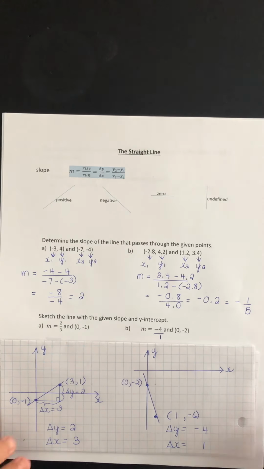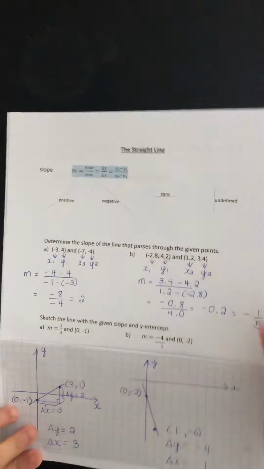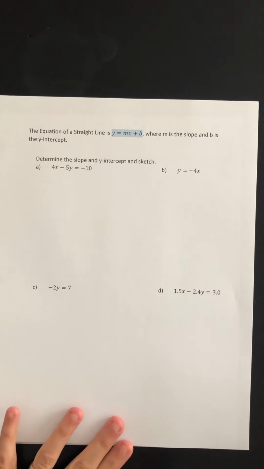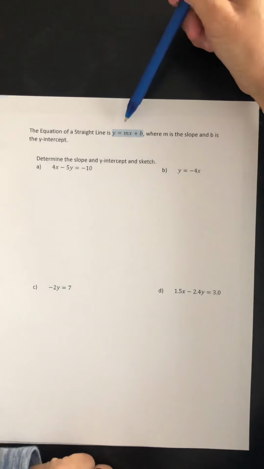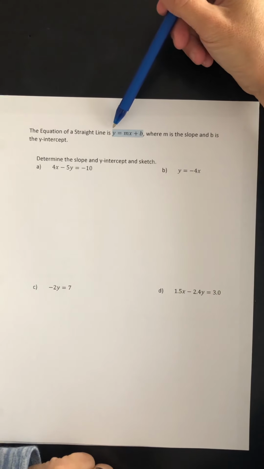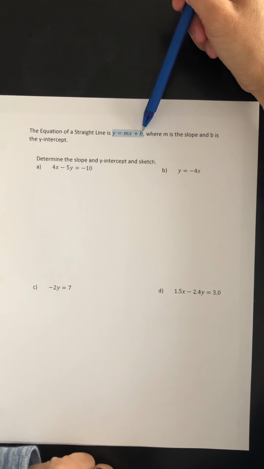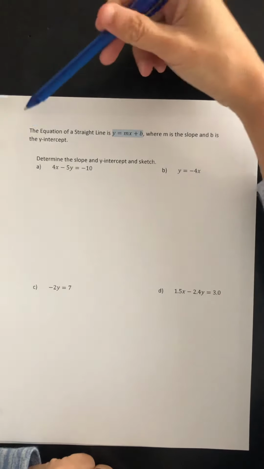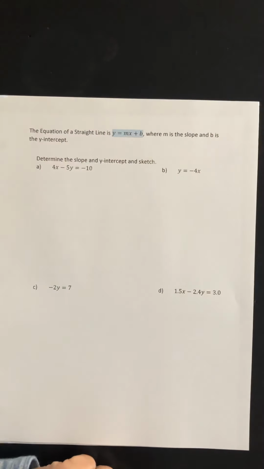Okay, let's move on to our next concept here, which is the equation of a straight line. And the equation of a straight line is given by y equals mx plus b. m is the slope of the line, and b is the y-intercept.